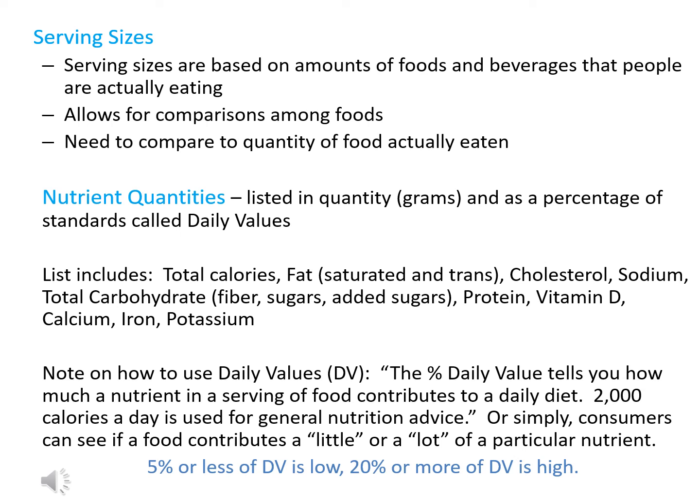Serving sizes also are comparing one particular amount. So you need to compare it to the quantity of food which you may actually be eating. So for example, you pick up a package of cookies. Serving size might be 2 cookies, giving you 150 calories.